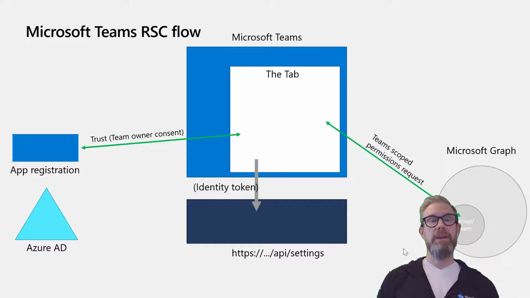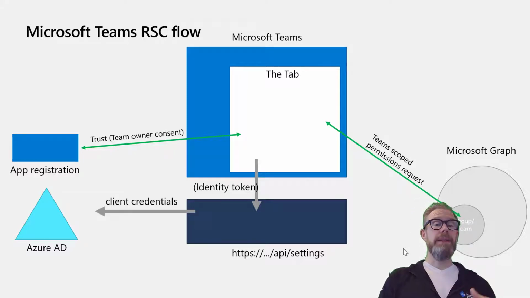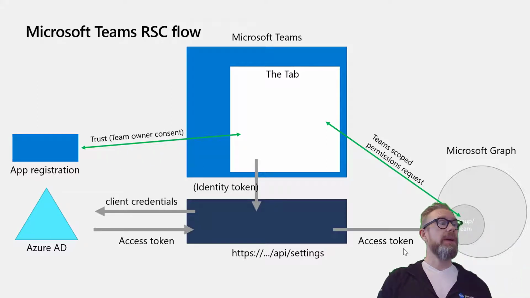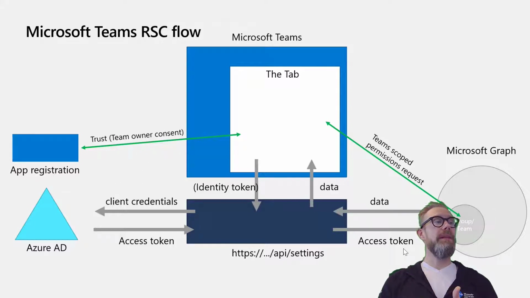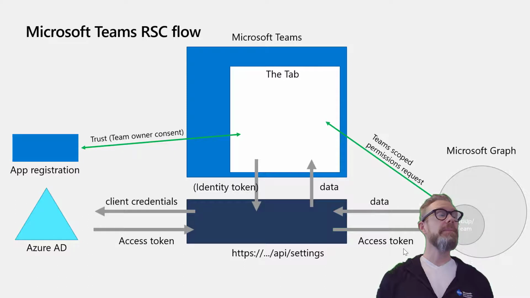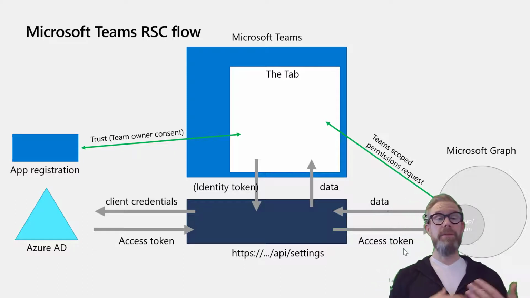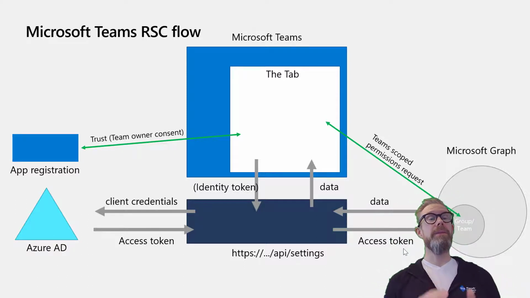So for instance, you can allow applications to update settings in your team without the members actually being an owner of that team. So I get the identity token, pass it in to Azure AD using the client credentials flow, get an access token back, pass that into that Graph endpoint for that specific Graph group ID in this case, and get the data back, which I can pass to my application. So the flow is very similar. The difference is how you register these applications.